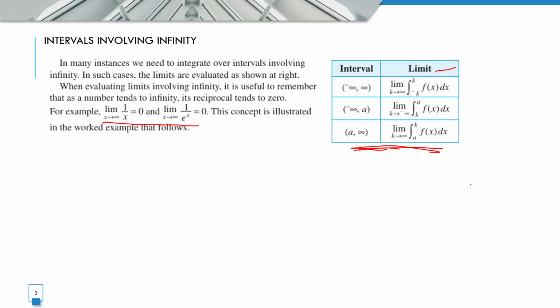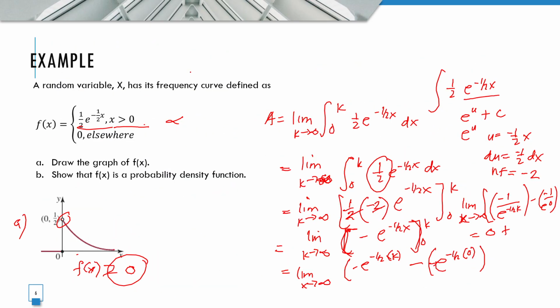And this one will become negative 1, minus negative 1, and e raised to 0 is equal to 1, so therefore plus 1. So the area is equal to 1. So therefore, this function is a probability density function.